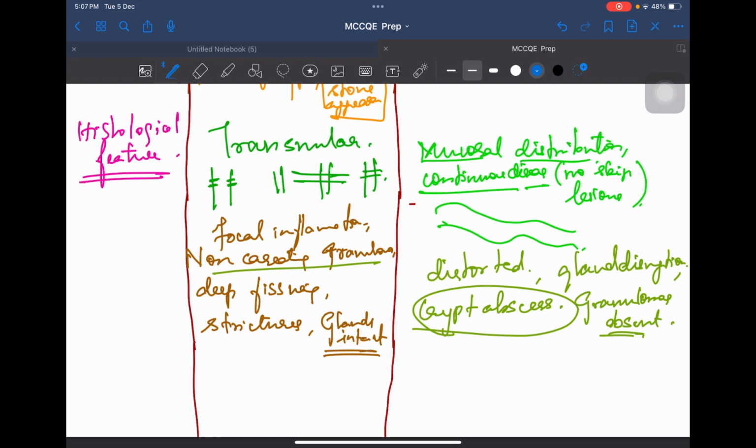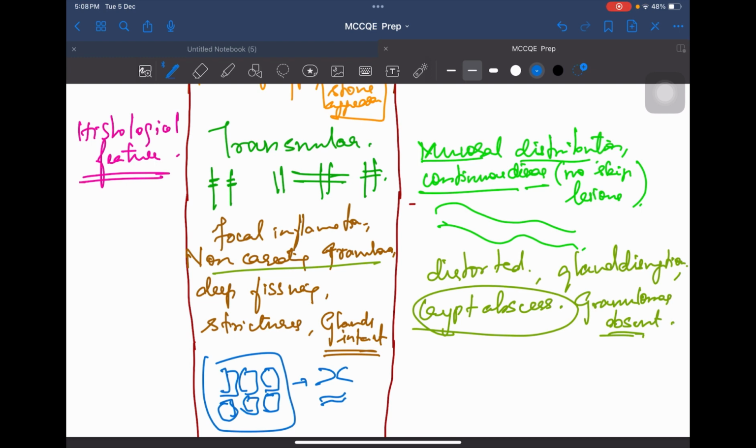If you go for CT enterography, etc., there will be a cobblestone appearance of the mucosa in Crohn's disease. And there will be frequent strictures, fistulae, etc. in Crohn's disease.